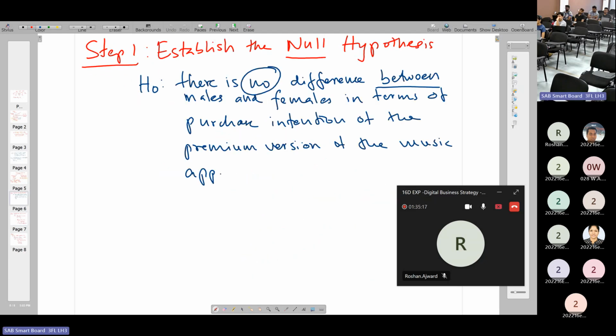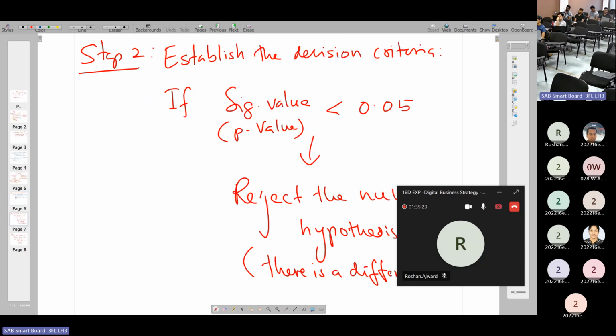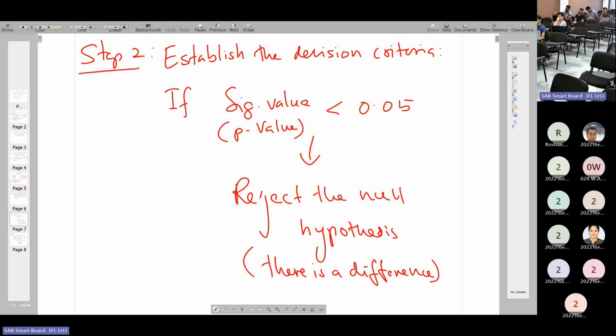Establish null hypothesis. Null hypothesis indicated there's no difference. Then, what was the decision criteria? If less than 0.05, reject the null. Right? That's what we were discussing.